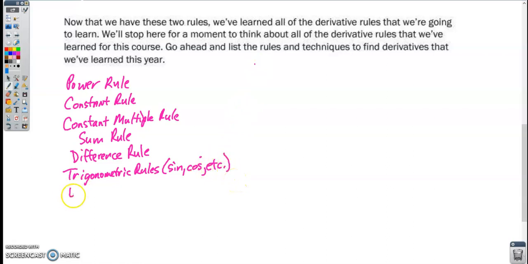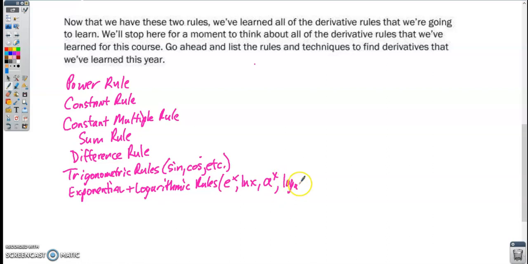And we also learned our exponential and logarithmic rules for e to the x and the natural log of x. And now today we added in a rule for a to the x and the base a logarithm of x.